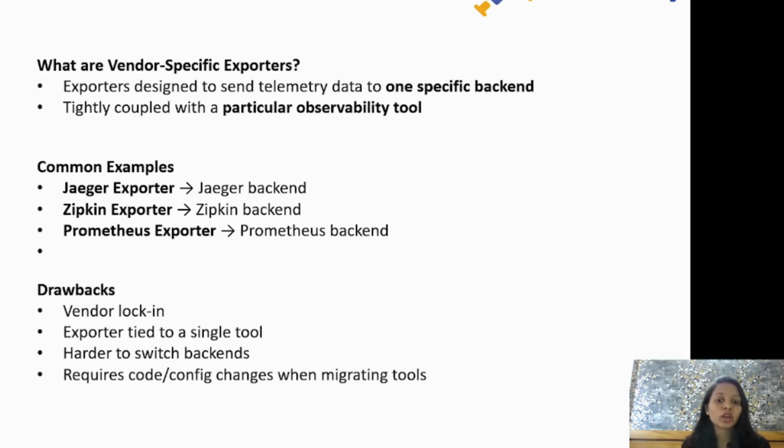If tomorrow your company switches tools, then code changes and retesting are required. That's why modern architecture avoids vendor exporters and uses OTLP instead. There are some drawbacks that are a bit difficult to handle, so that's why we always go with the OTLP exporter.